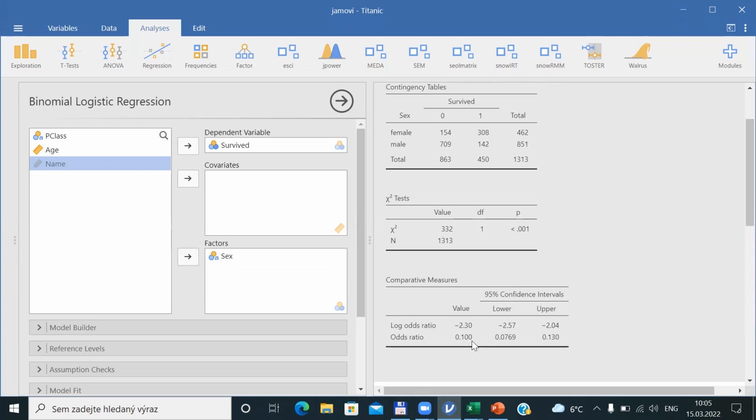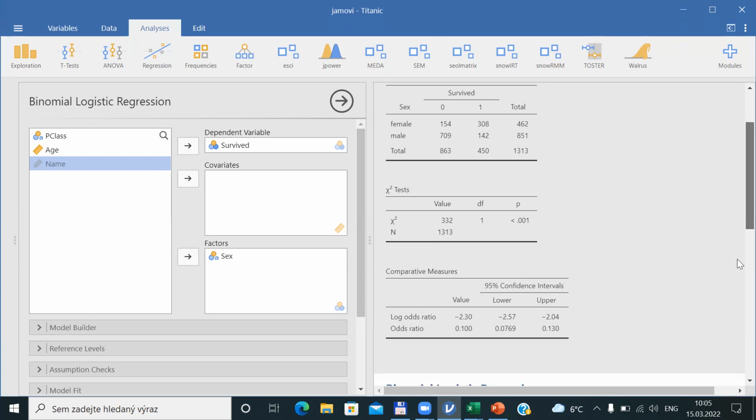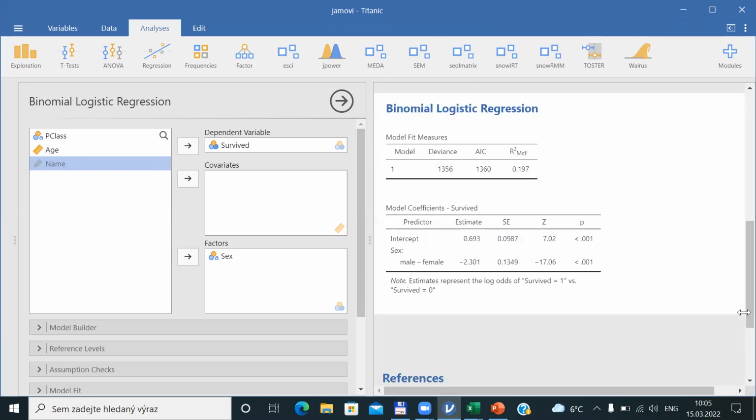And be careful that currently our values are reversed compared to the previous comparison. So we are comparing male and female, but not non-survival, but survival. So non-survival odds for male is 0.1 of the same for female.